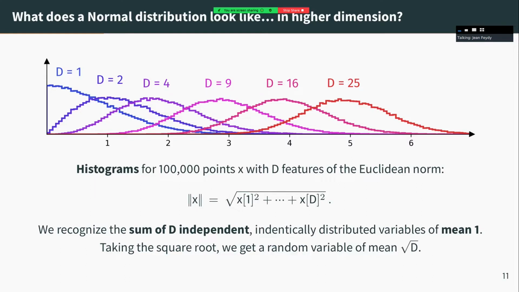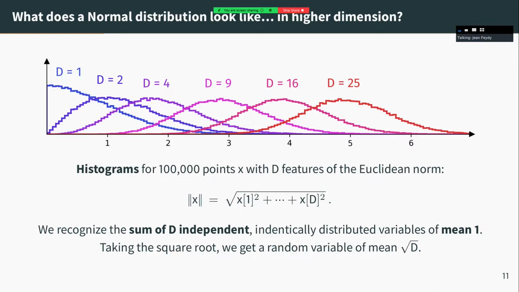They are identically distributed, and they have mean 1. This is just the definition of a normal distribution, variance 1 and mean 0, which means that xi squared has mean 1. And so the sum of d independent variables of mean 1 has mean d, and I take the square root, I get a random variable of mean square root of d.